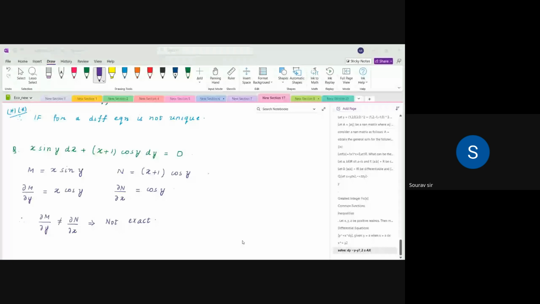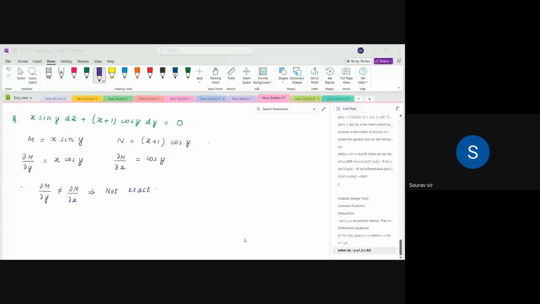Okay. Now suppose I ask you whether we can think of an integrating factor to make this differential equation exact. Obviously, it might be a little tricky, right? So let's begin with the idea. As we saw, the integrating factor may not be unique, right? You can take it in any manner, all right?